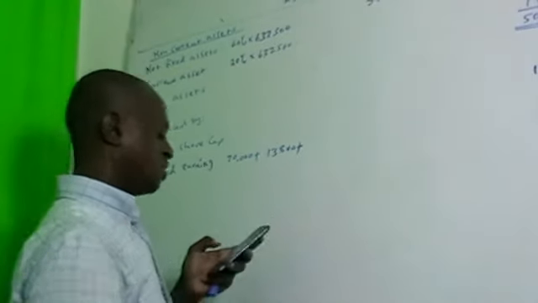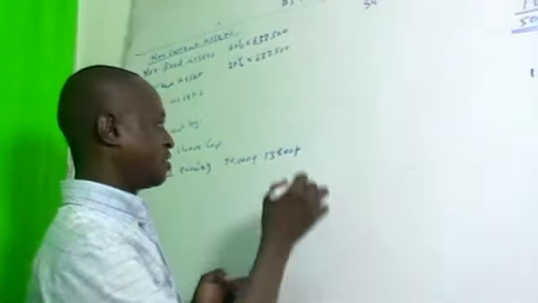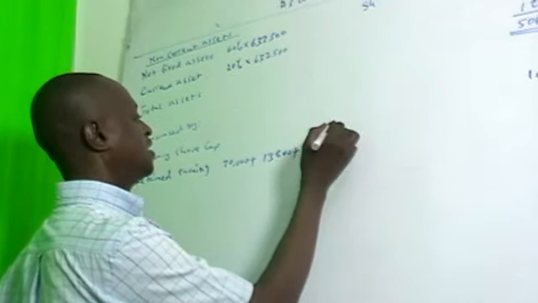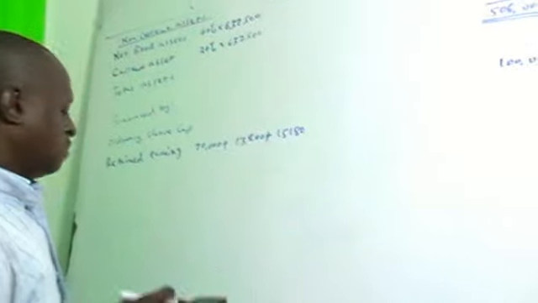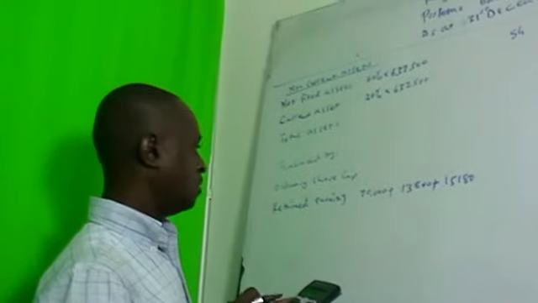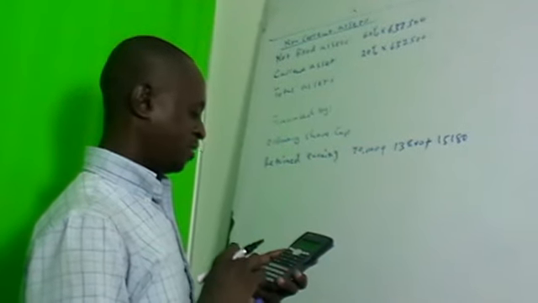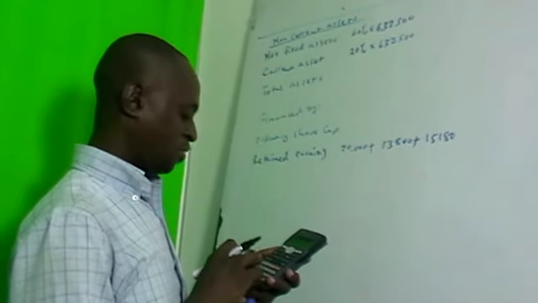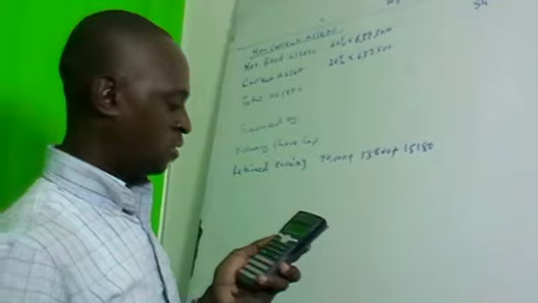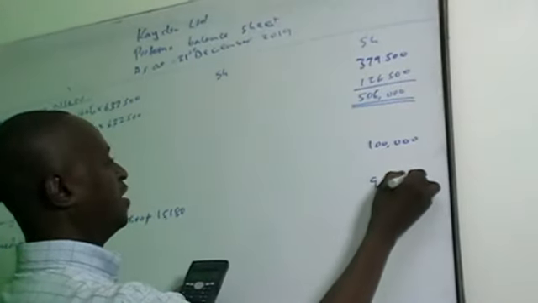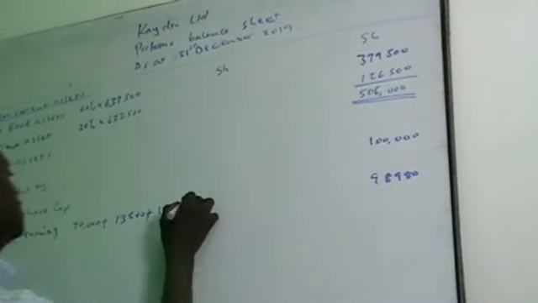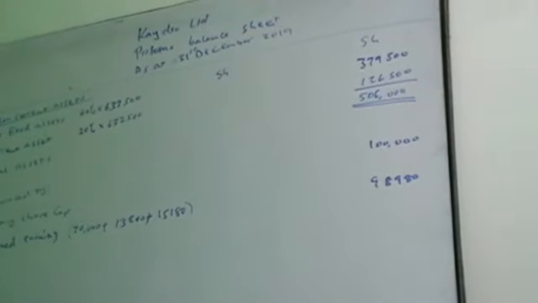Plus what was retained in the year 2019, which is 15,180. So we have 70,000 plus 13,800 plus 15,180. So this is 98,980.